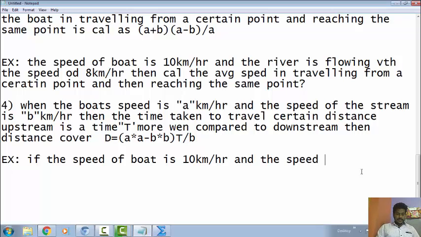And the speed of the stream is 8 kilometers per hour. The speed of the stream is 8 kilometers per hour.